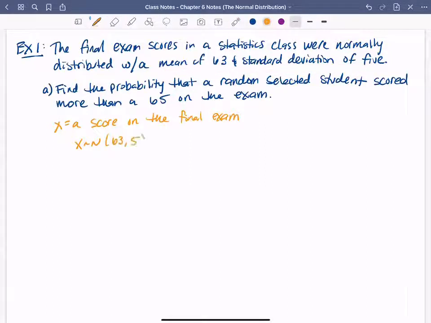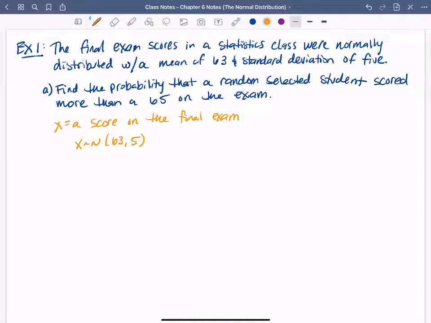Okay. Now here's what we have. So what do we need to find first? What we need to find first is a z value. What does that tell us? That tells us how many standard deviations away this x value is from the mean.